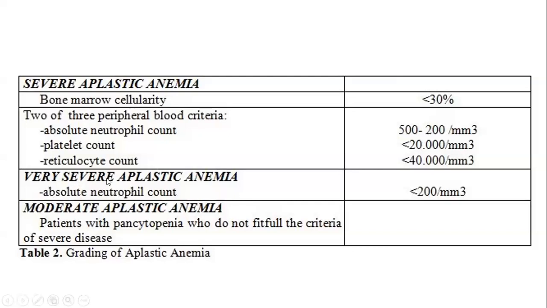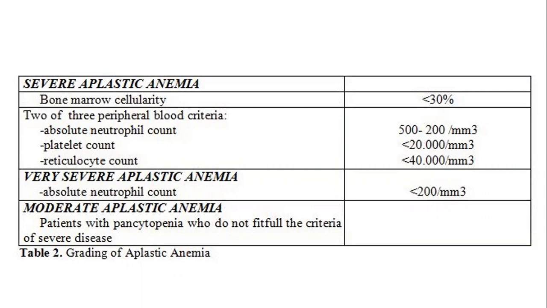Severe aplastic anemia means absolute neutrophil count less than 200. Bone marrow cellularity in severe aplastic anemia is less than 30%. Two or three peripheral blood criteria we can see: absolute neutrophil count, platelet count, and reticulocyte count.